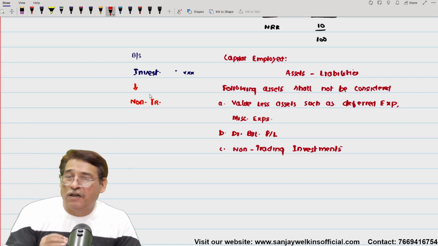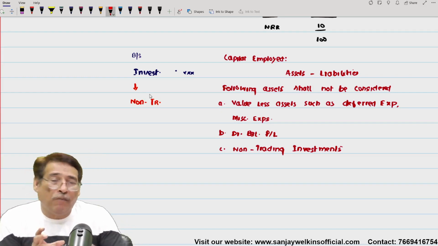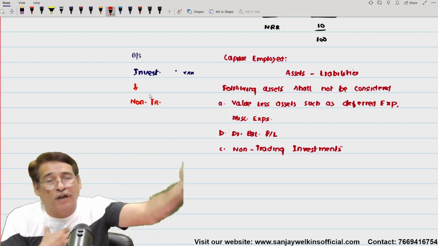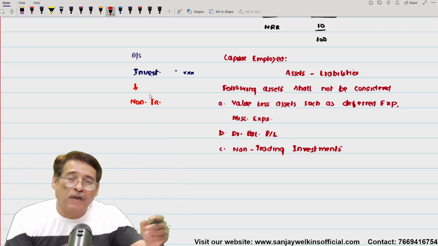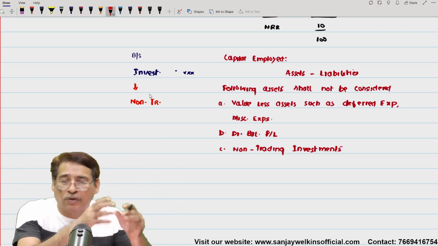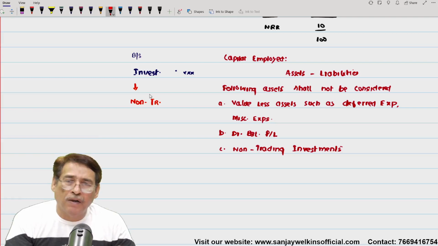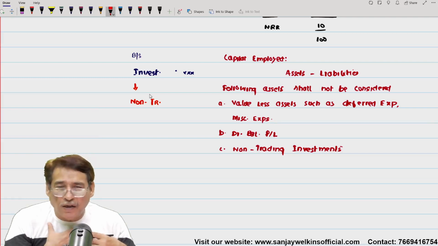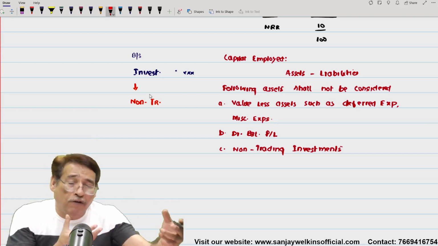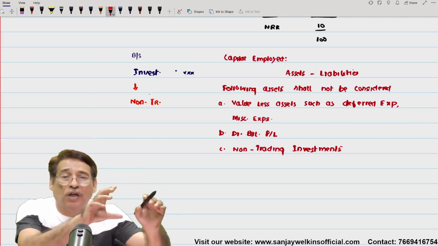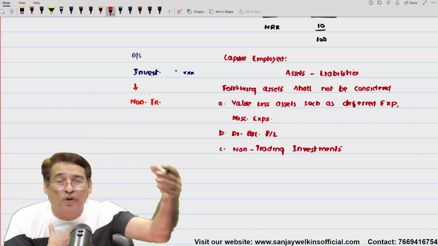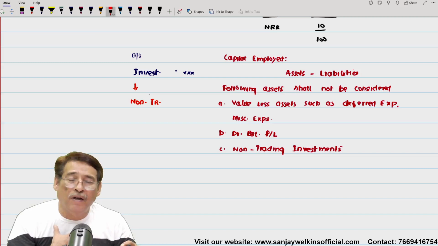Why is it considered non-trading? Investment means our entity has invested some amount in shares or bonds or debentures of another entity. So the amount which we have invested in the other entity, logically our funds are being utilized by that entity.